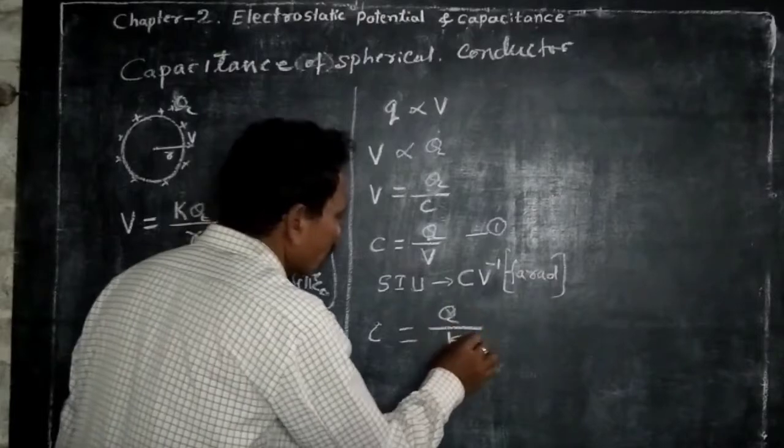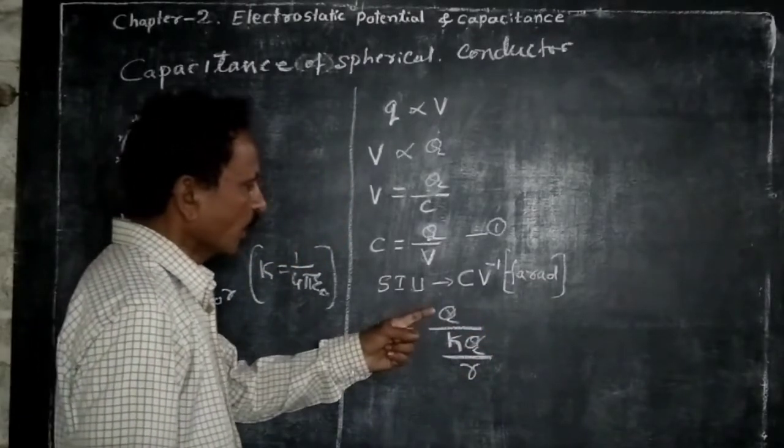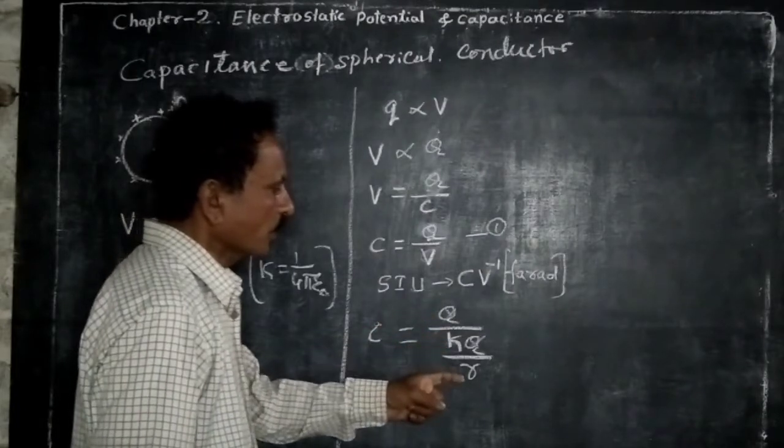Here Q gets cancelled, remaining 1 over k upon r.